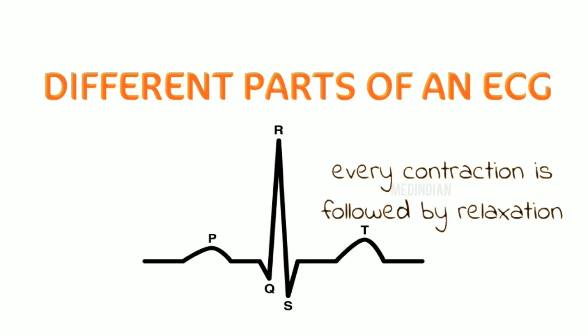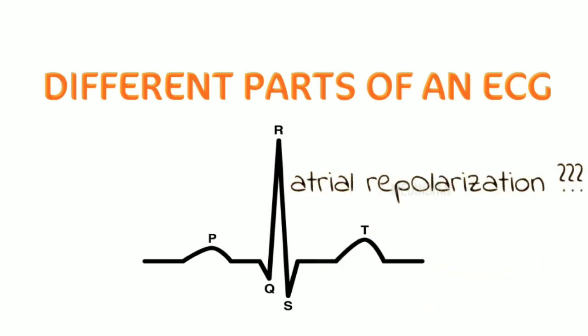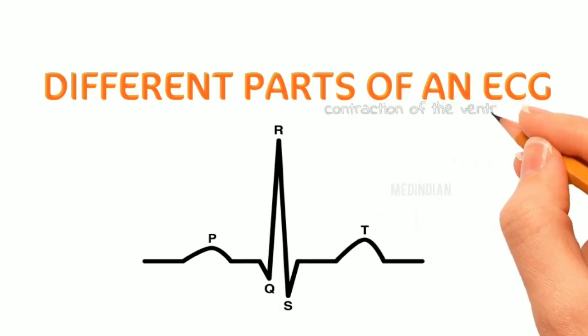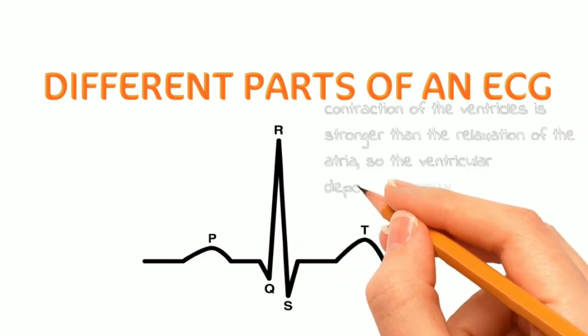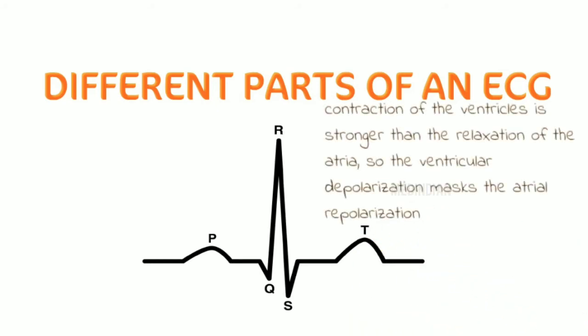Now a question arises, where is atrial repolarization? As you can see, the QRS complex is a tall structure. From this we can interpret that the contraction of the ventricles is stronger than that of the atria, so it tends to mask the atrial repolarization.